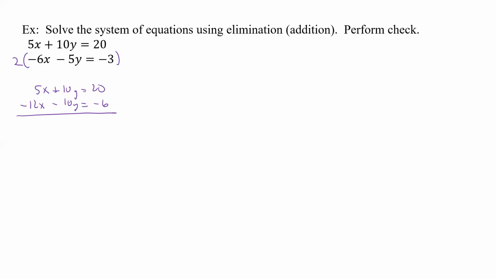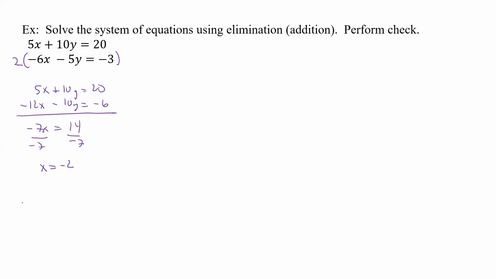So the y's cancel. And here it looks like I'm going to have -7x equals, and here it looks like it's going to be 14. So I'll divide by -7, and x is equal to a -2. Okay, so now what do we do? We plug it back into one of the two original equations, and we solve for y. Really doesn't matter.